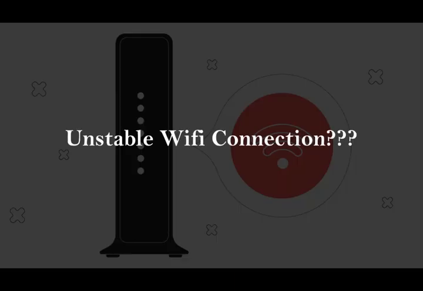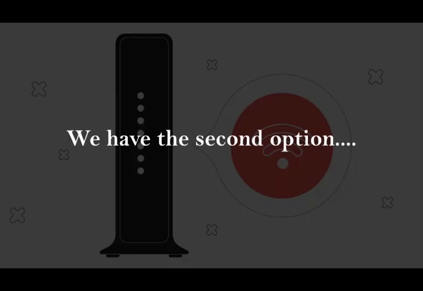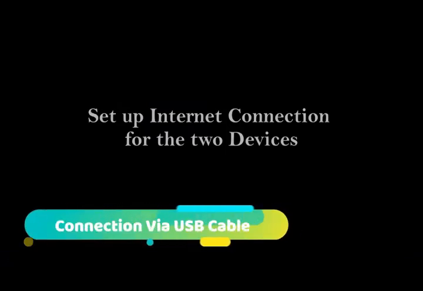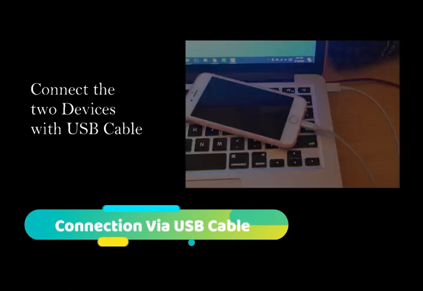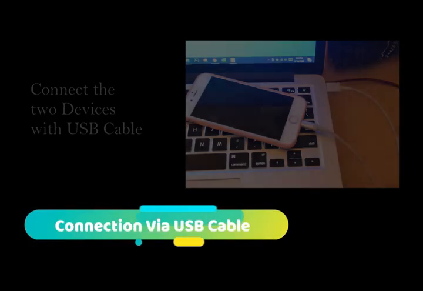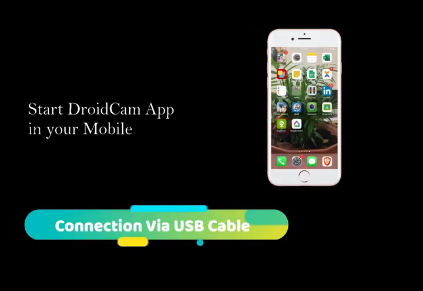If you have an unstable Wi-Fi connection, we have the second option: connection via USB cable. Set up the internet connection for the two devices. Connect the two devices with a USB cable. Start the DroidCam app in your mobile.